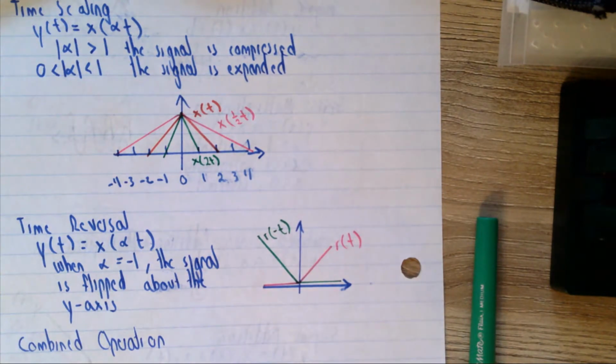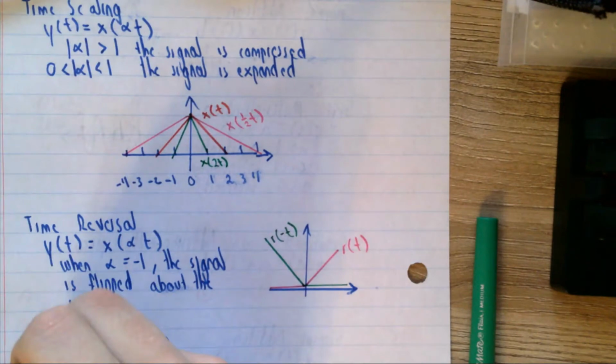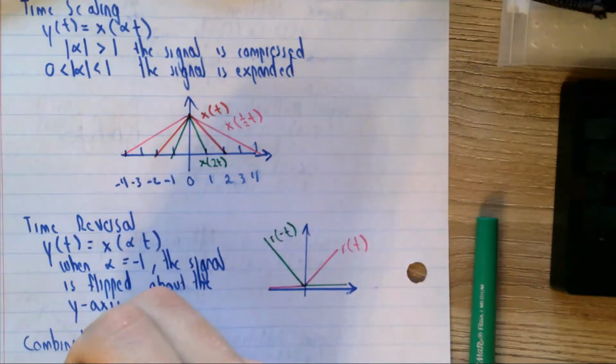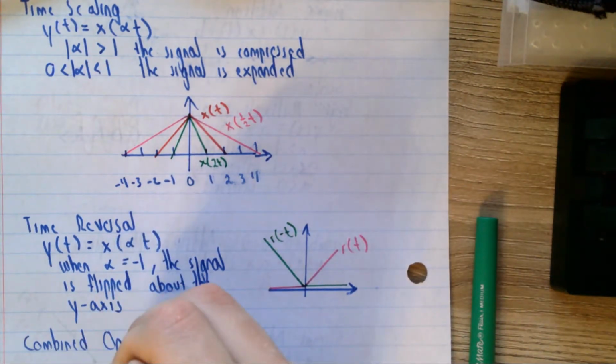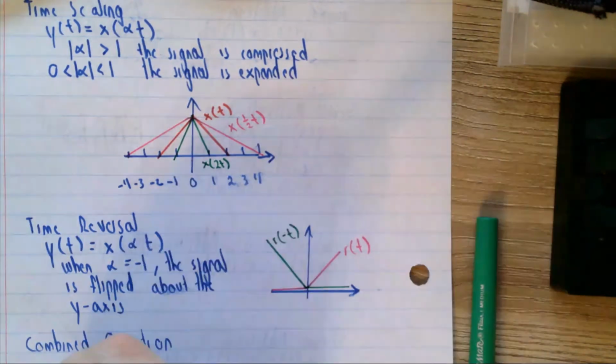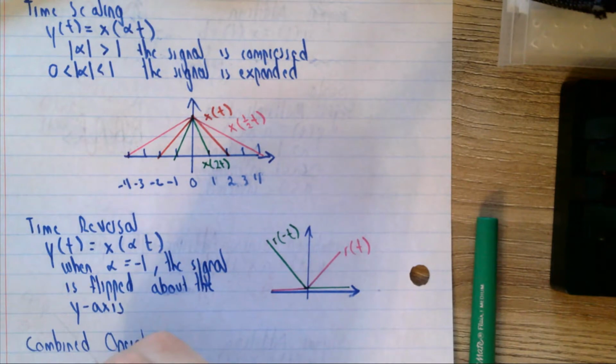And so what that can look like is, let's say you have y is equal to x of alpha t minus beta. It's given in this form here. An example of this could be y1 is equal to x of 2t minus 3. So which one do you do first?